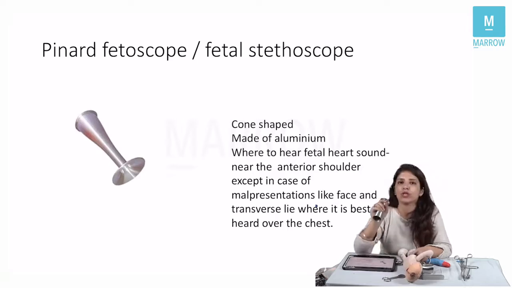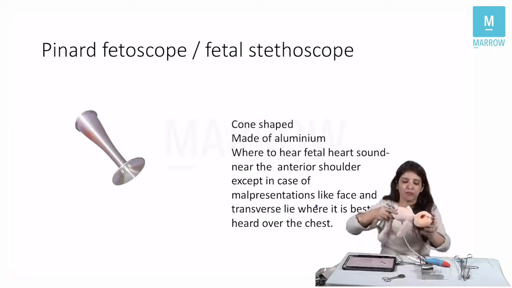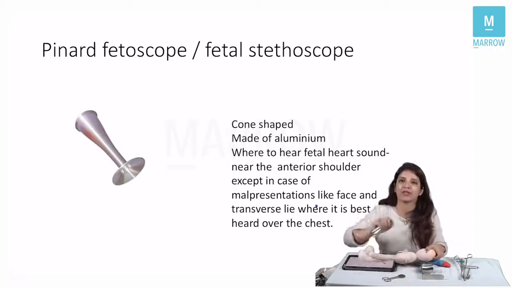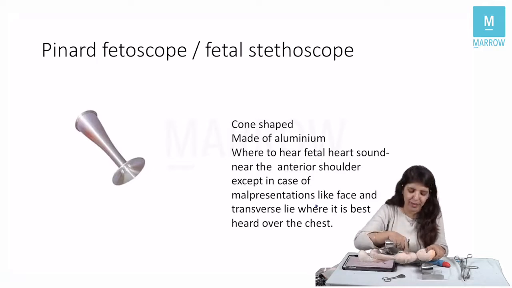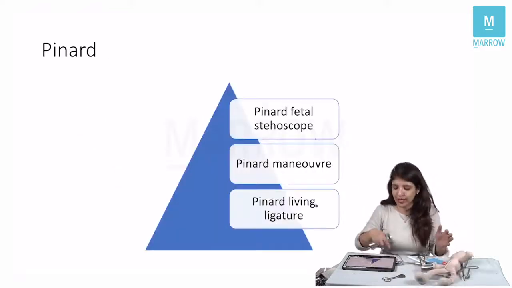So that is the place where you have to listen to the fetal heart sounds, except the exception is suppose the baby is in transverse lie. Now in transverse lie, the best place to hear the fetal heart sound would be near the chest, right? So that is the question which they can ask you.